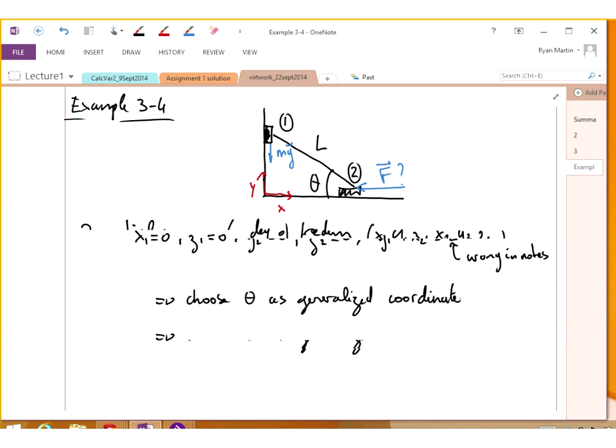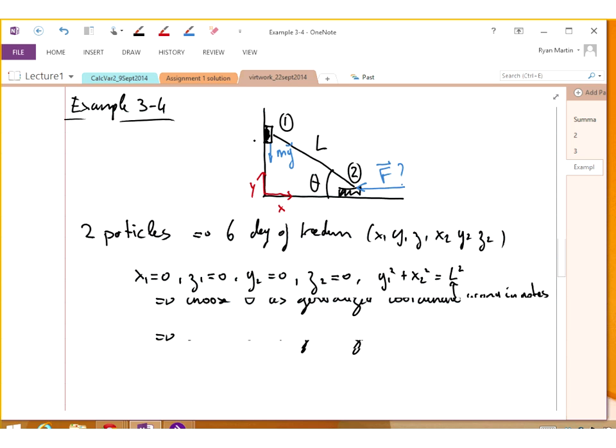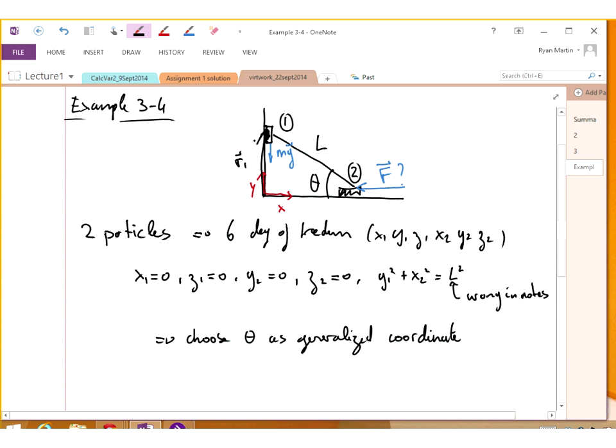So the R1 vector is the vector of where force 1, or mg, is acting, and R2 is where the second force, which we'll call F, is acting.